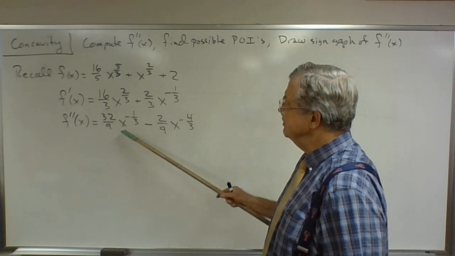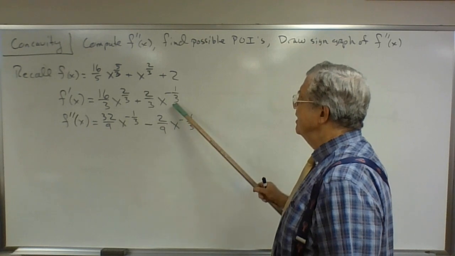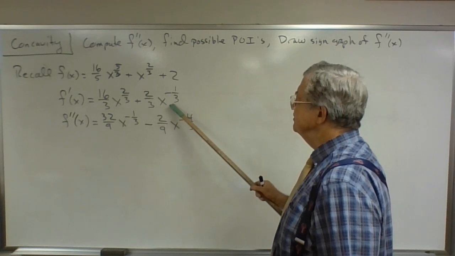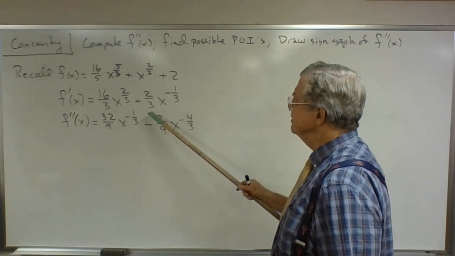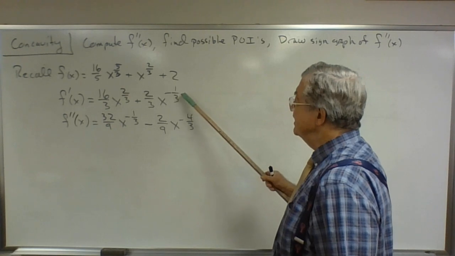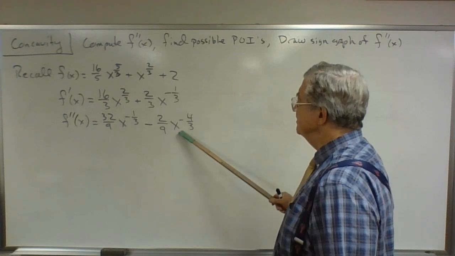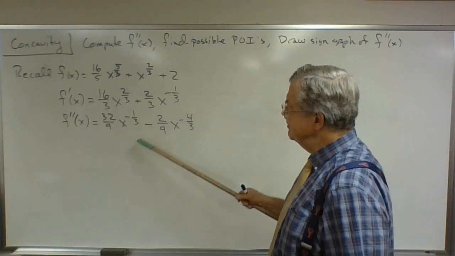Subtract 1 from the exponent, we get x to the negative 1/3. The derivative of 2/3 x to the negative 1/3 is negative 1/3 times 2/3, which is negative 2/9. Subtract 1 from the exponent, we get negative 4/3. This is the second derivative.